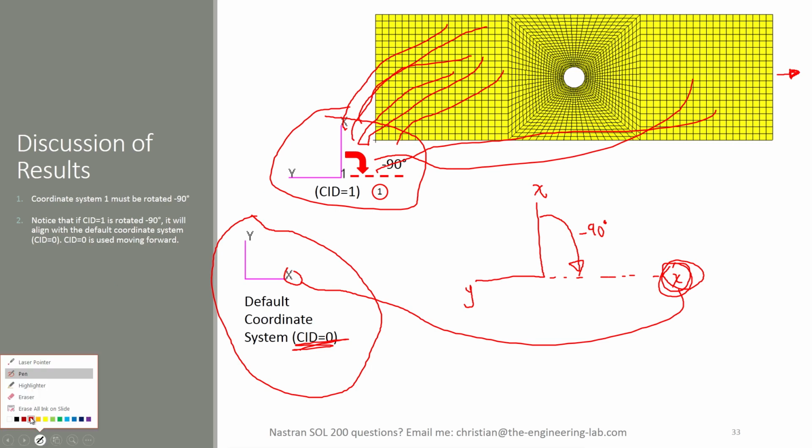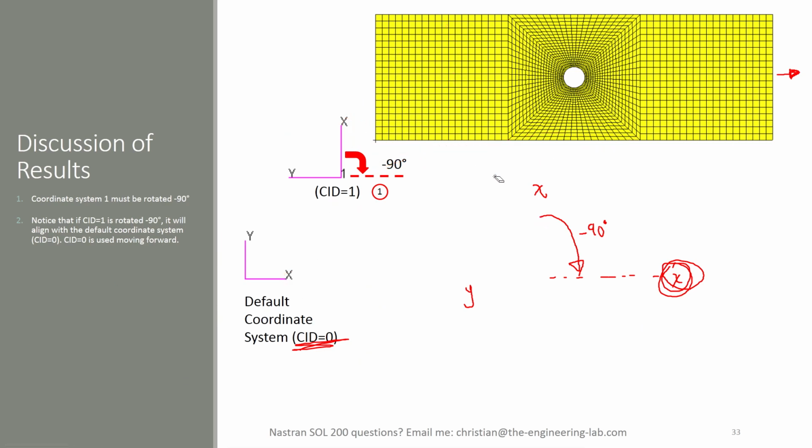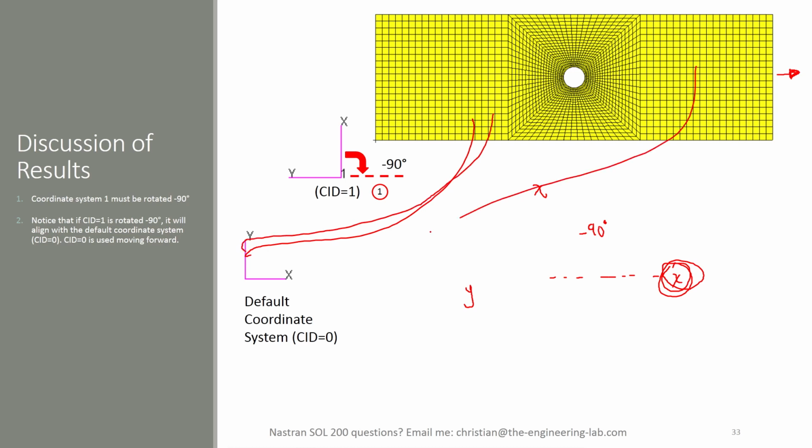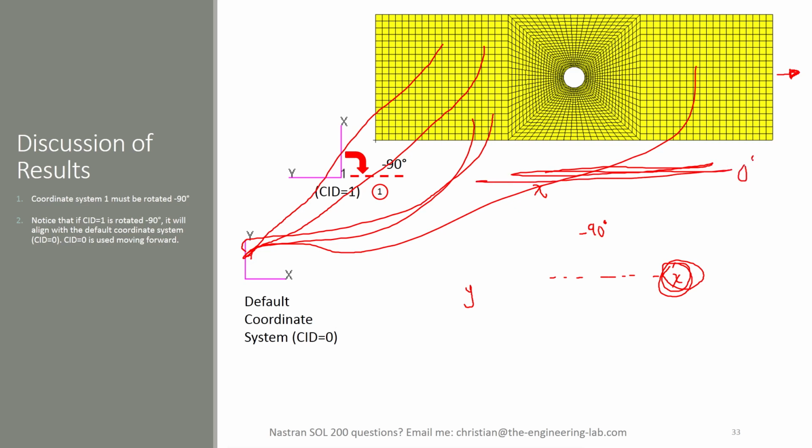What I'm going to do now is update this, so all the 2D elements are going to be using this other default or global coordinate system.